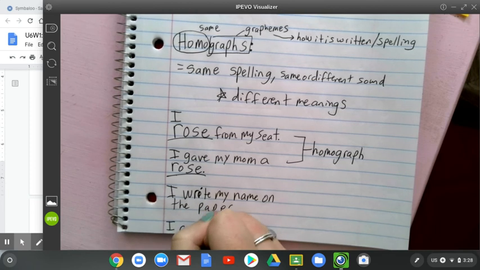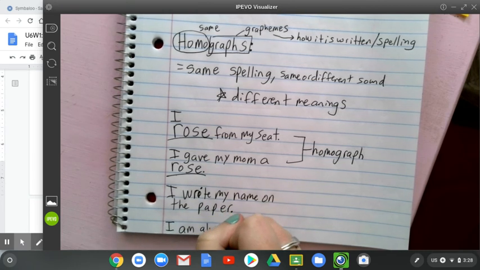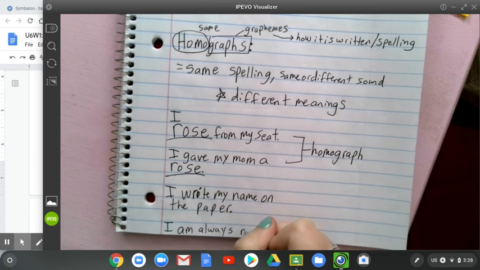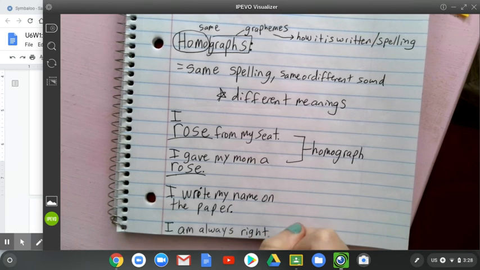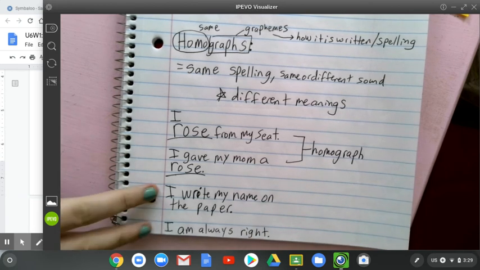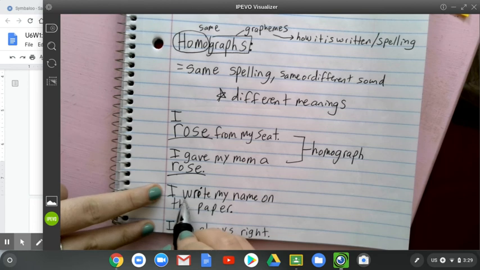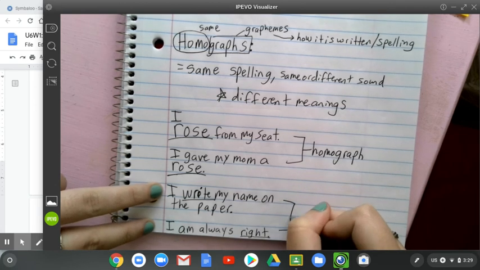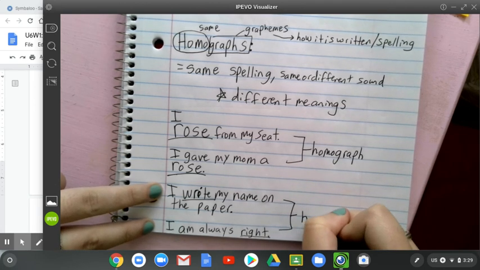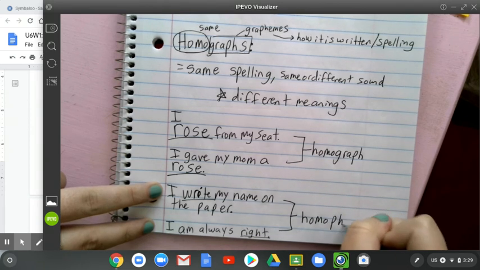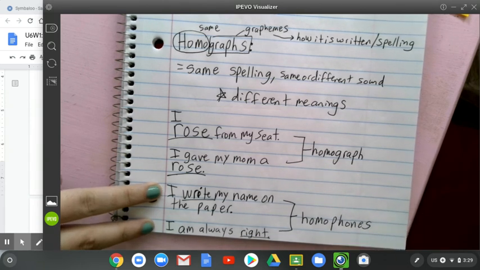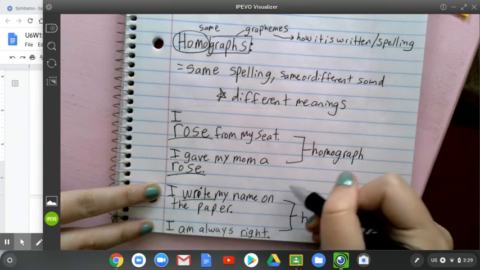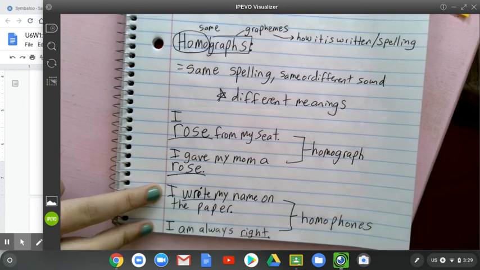I am always right. All right, here's your two sentences. The words that I want you to compare are right and right. They sound the same, but they're spelled differently. So these ones are what the words we're going to be focusing on this week. These are homophones. Okay, one of them means to write, like I'm writing, and one of them means right, like correct.